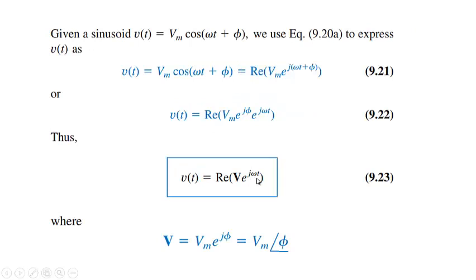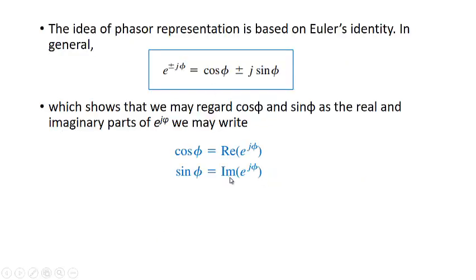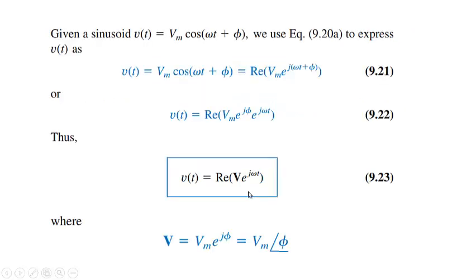Now we'll use these two equations to derive the phasor from the sinusoid. Given the sinusoid v(t) is equal to Vm cos of omega t plus phi, we use equation 9.28 to express v(t) as the real part of e raised to the power j (omega t plus phi).